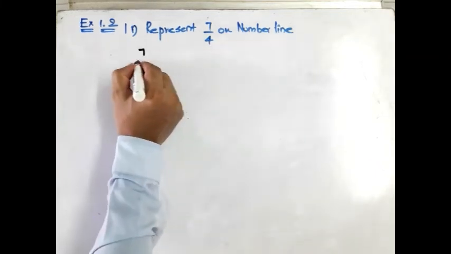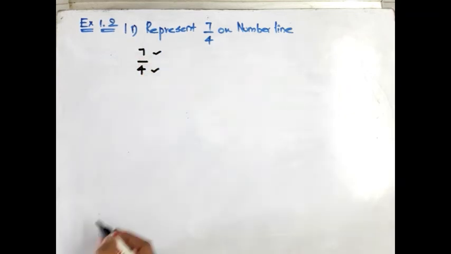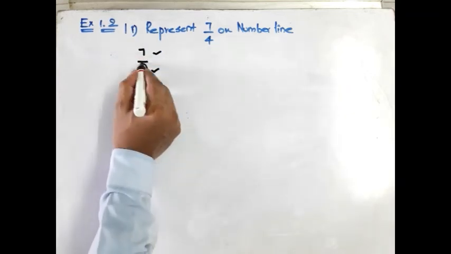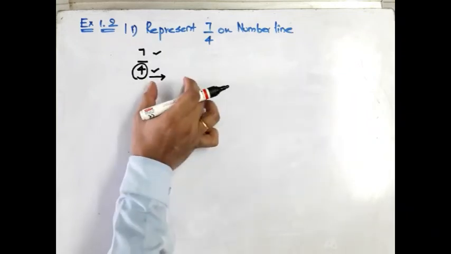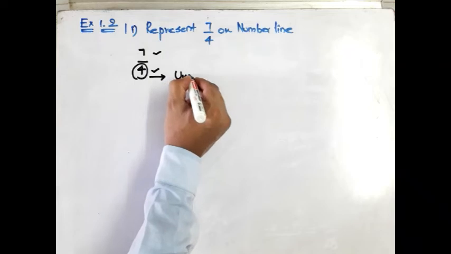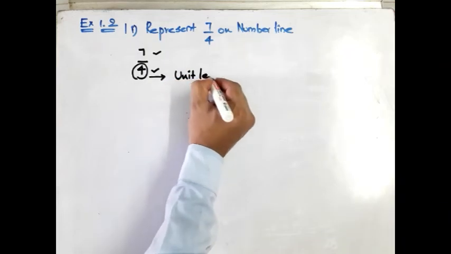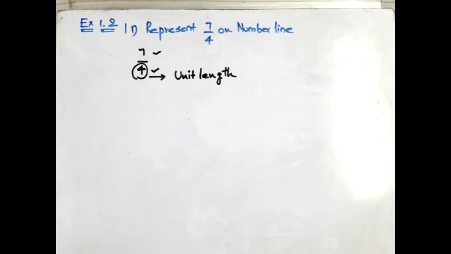So 7 by 4. This is the numerator and this is the denominator. This denominator 4 indicates into how many divisions we have to make the unit length. This is very important. I will tell you what exactly is unit length.